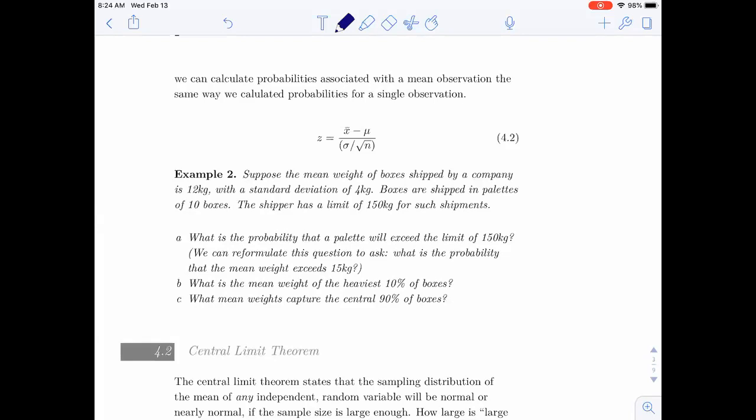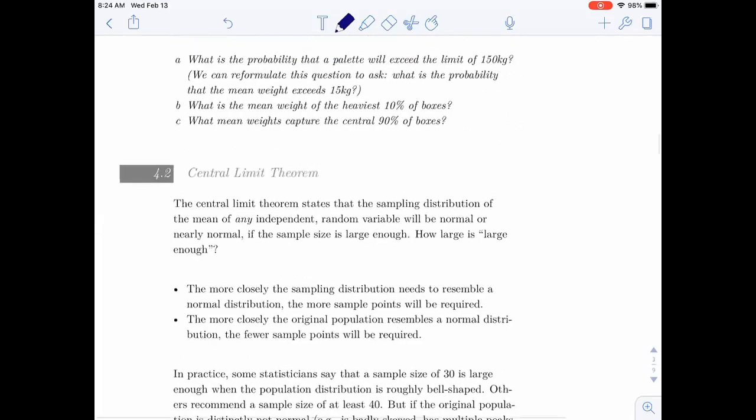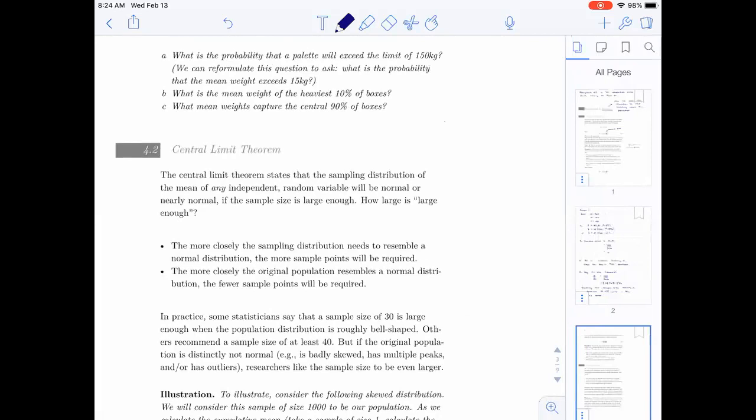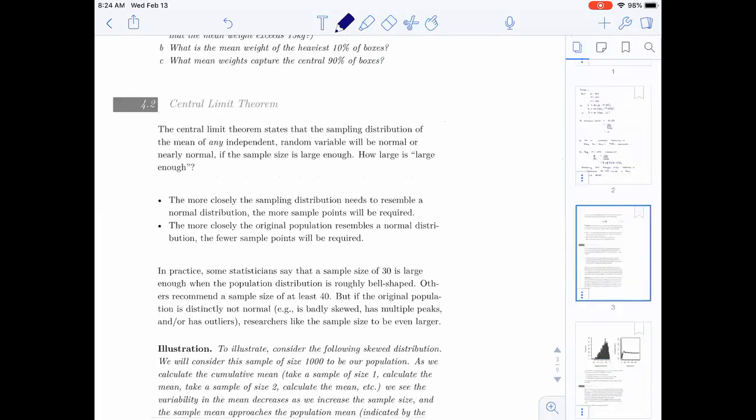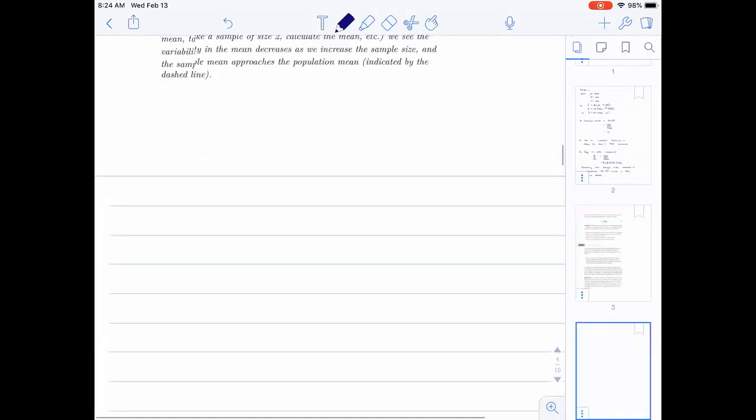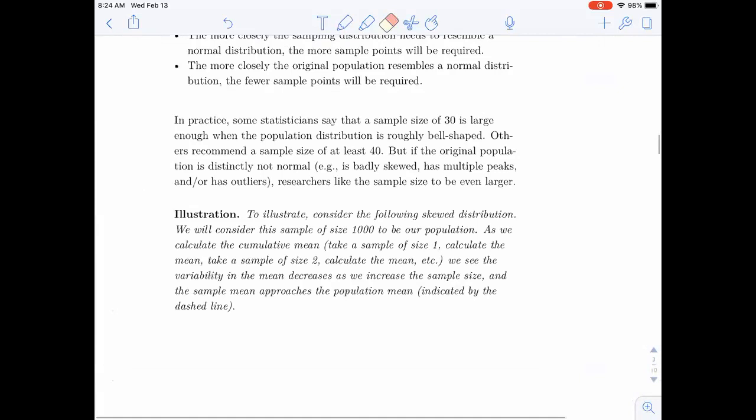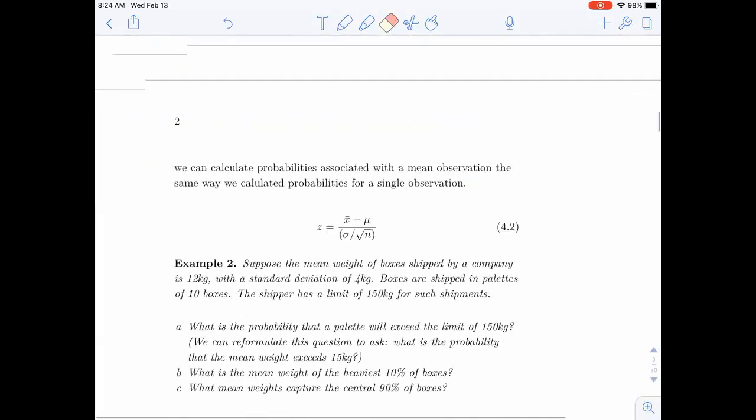Example 2. I'll add a page below here, just so I don't have to scroll around so much.